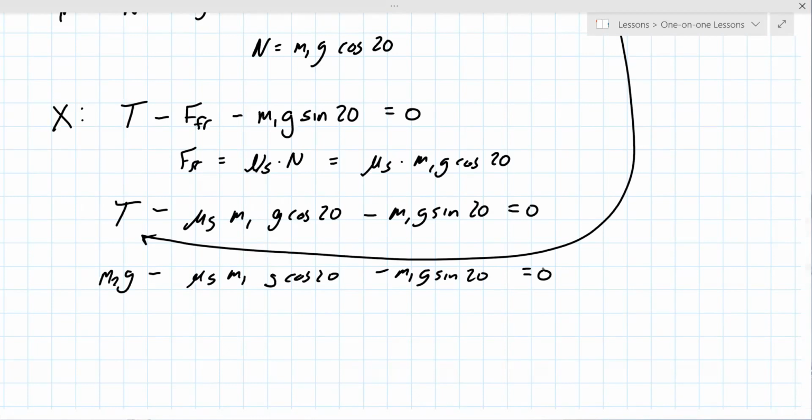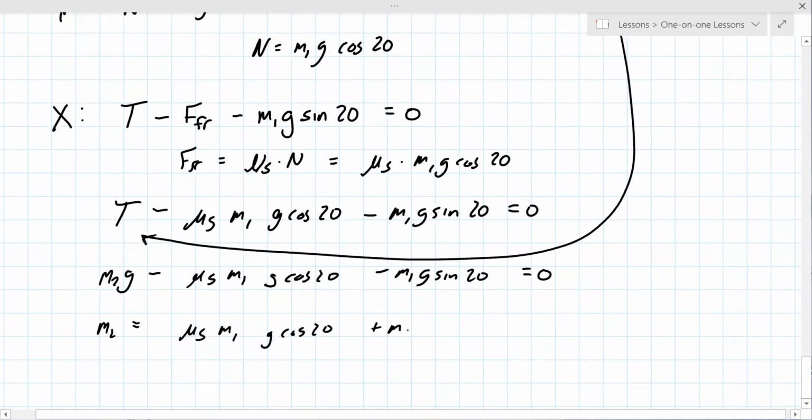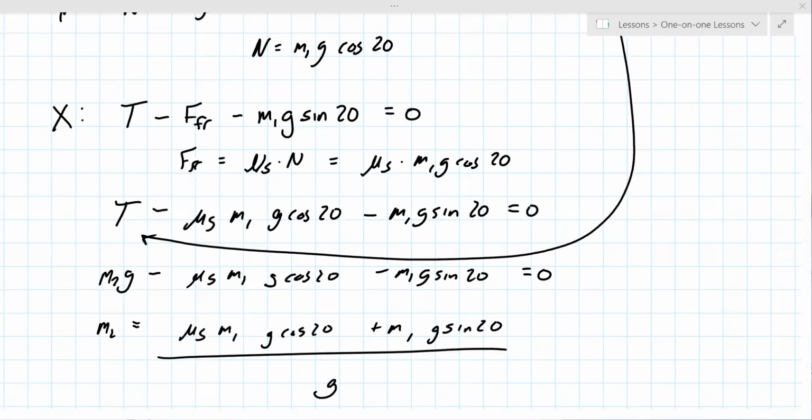So we can solve for m2. So m2 equals mu s m1g cosine 20 plus m1g sine 20, divided by g. And that's just algebra. There's nothing sophisticated or complicated in this.